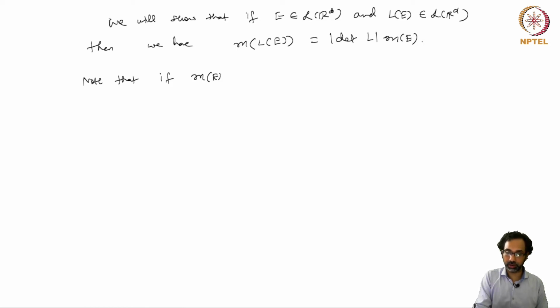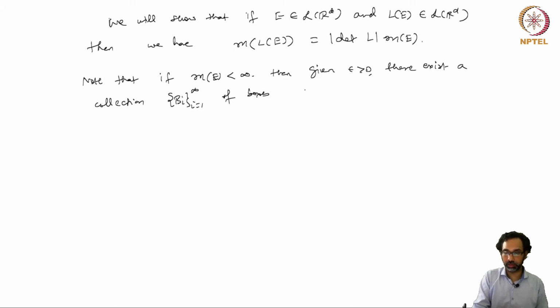if the measure of E is finite, then given epsilon greater than 0, there exists a collection B_i, i equal to 1 to infinity, of boxes in R^d such that the sum over i of m(B_i) is less than or equal to m(E) plus epsilon.